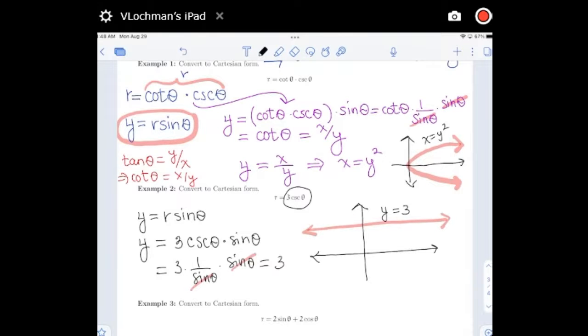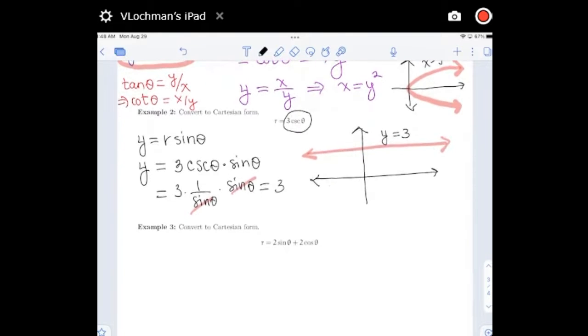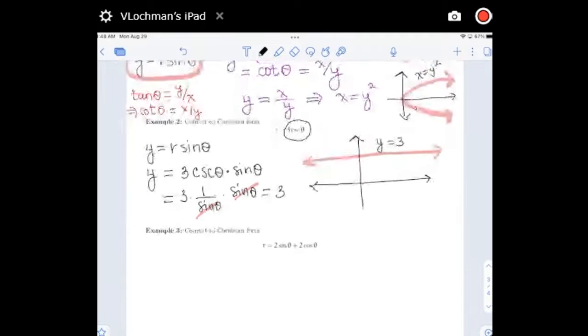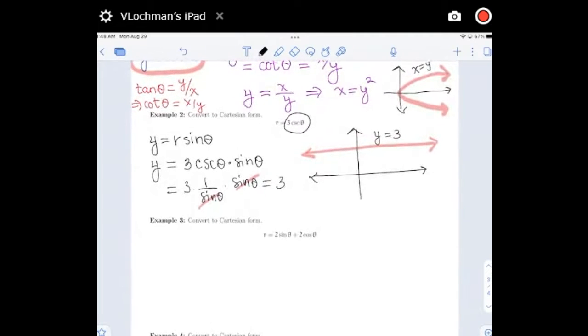All right, let's take a look at example number 3, and then we'll pause again to review all of this. So here I have this equation that says r is equal to 2 times sine of theta plus 2 times cosine of theta.